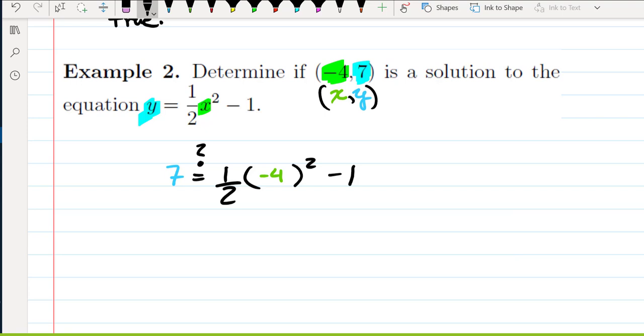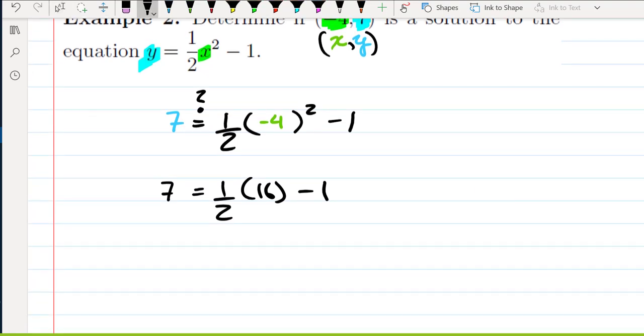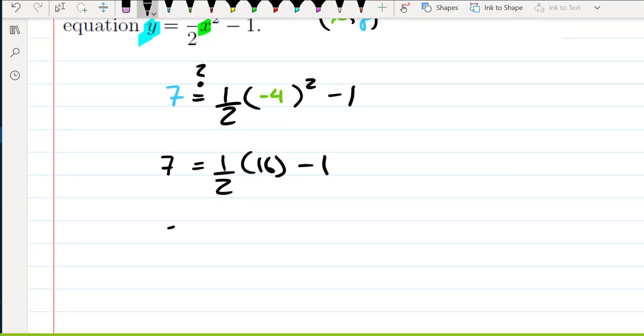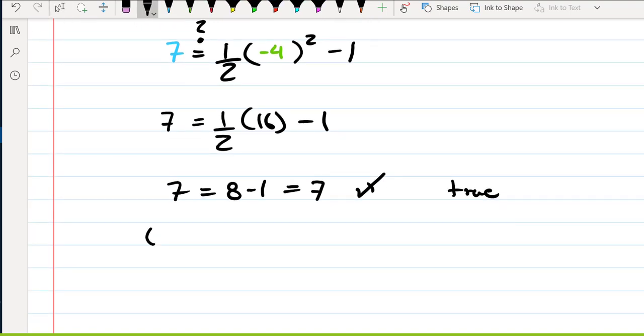So -4 squared is 16. Then 1/2 times 16 gives us 8. And 8 minus 1 does indeed equal 7. So that statement, 7 equals 7, is true. So -4, 7 is a solution.